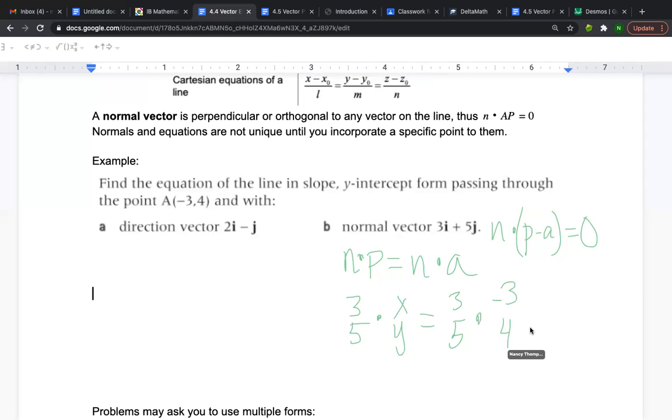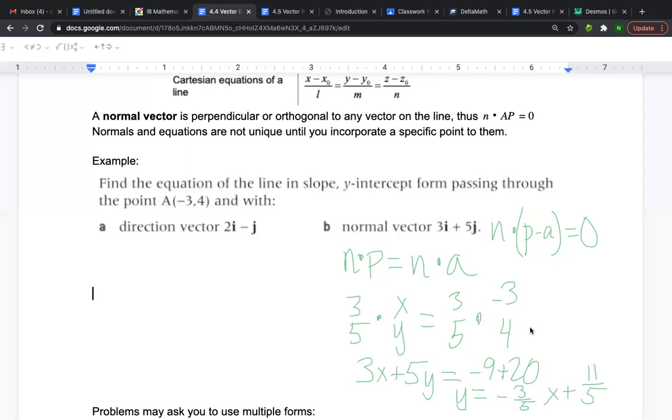Okay, so now that I have these components, I have 3x plus 5y is equal to -9 plus 20, which when I solve that for y, I get y equals -3/5 x plus 11/5.